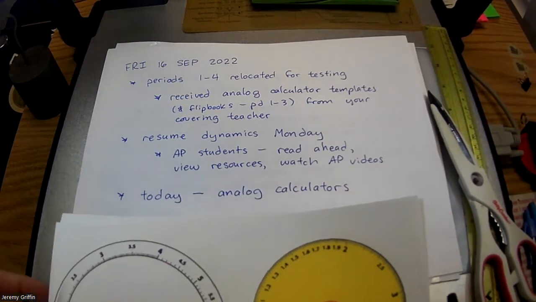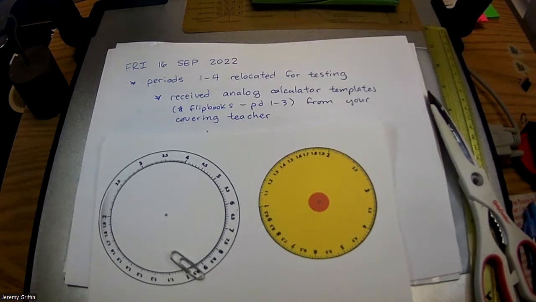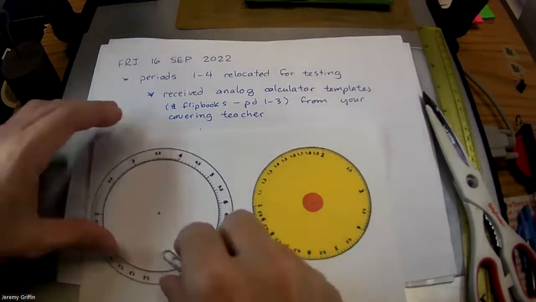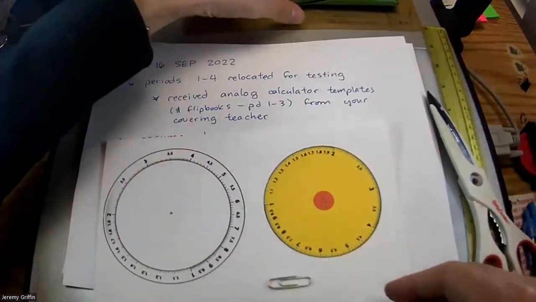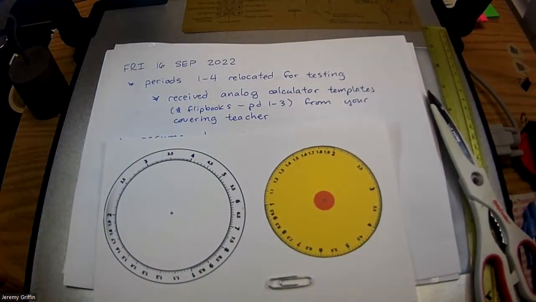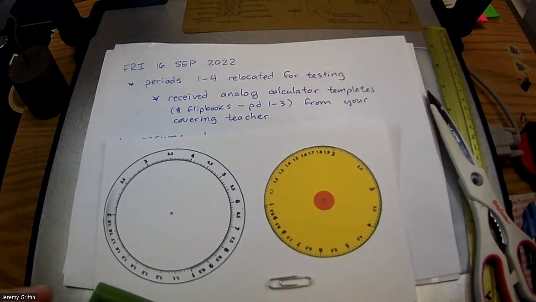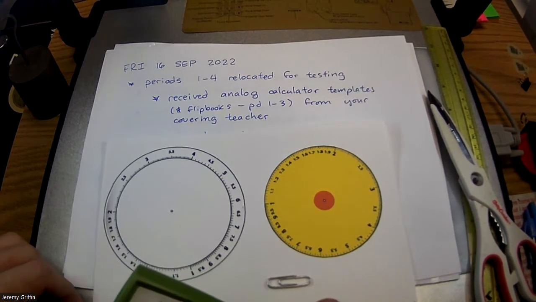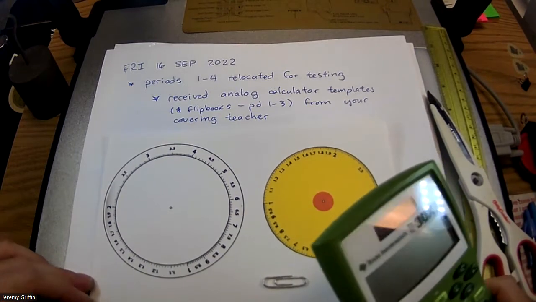All right, but let's dive into this analog calculator. So I have a few rainy day activities lined up, and today's a good day for one of these. All right, so let's time travel in our minds back to the 1970s. I think the last time we had a manned mission to the moon was 1972, I want to say. Okay. And suppose you're a NASA scientist or engineer on the team, getting astronauts to the moon and back.